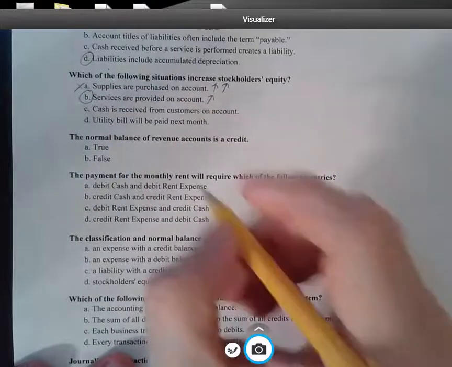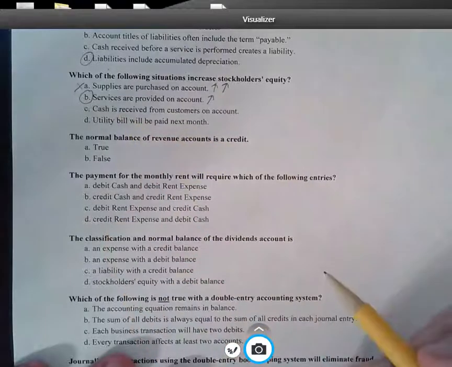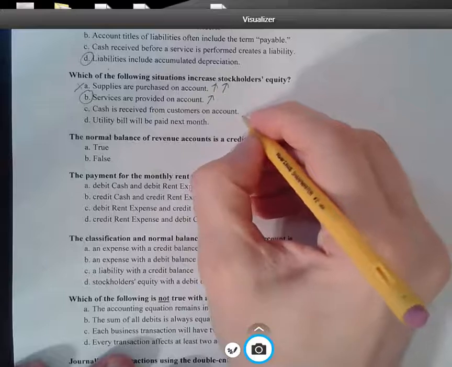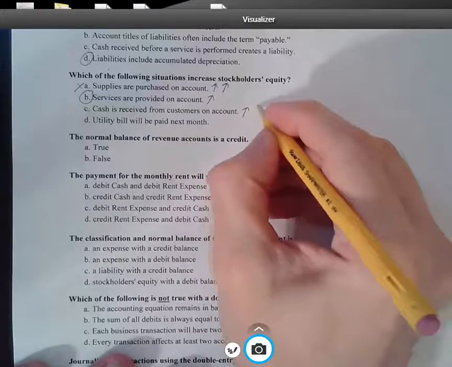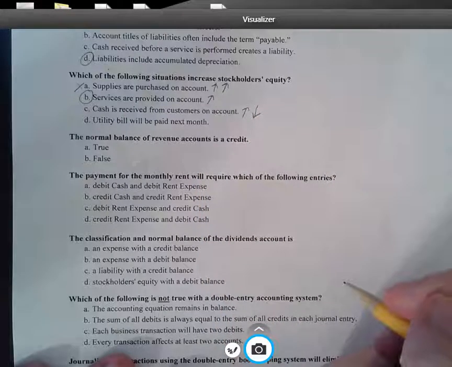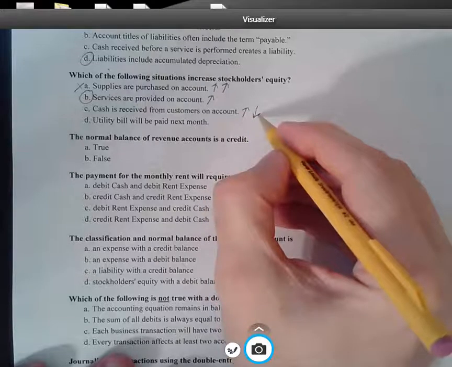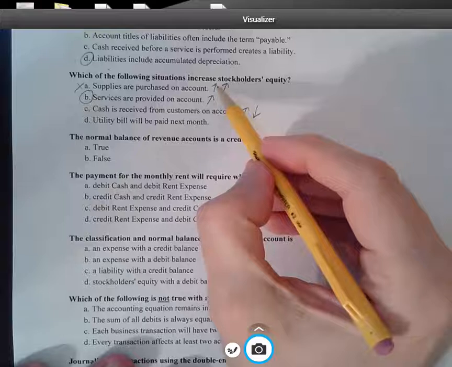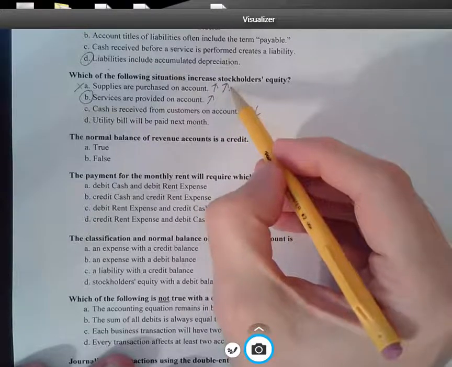Let's look here at choice C just to make sure. Cash is received from customers on account. Here we have one asset that is going up, cash, but then we have another asset which is going down by the same amount. So these cancel each other out. When one asset goes up and another one goes down by the same amount, we have no impact. And then up here we have one asset going up and then a liability going up by the same amount.